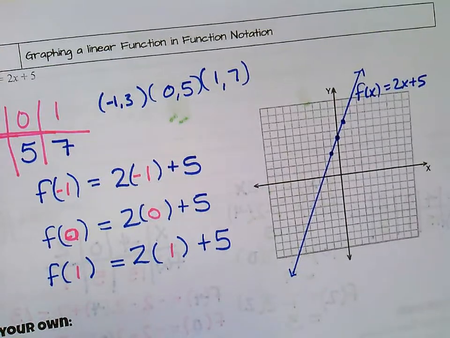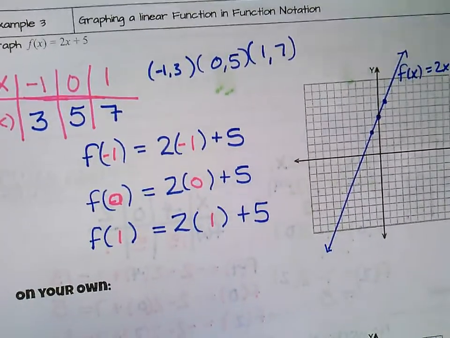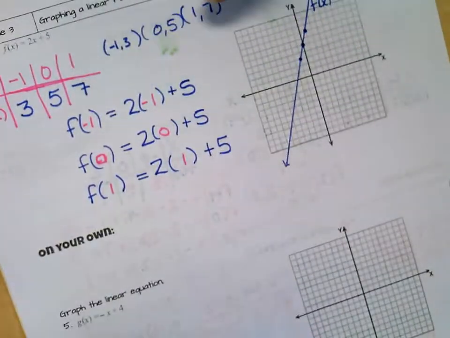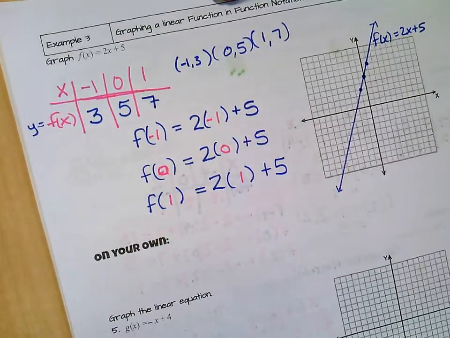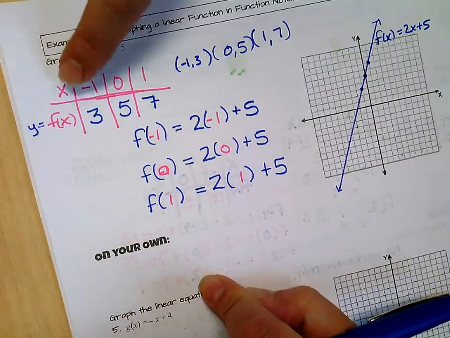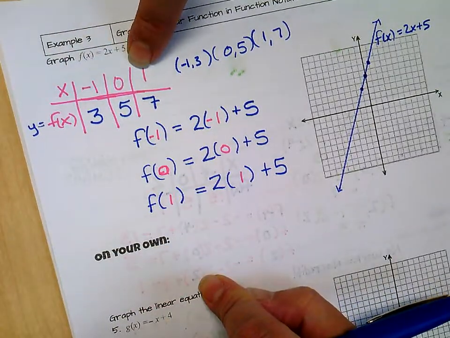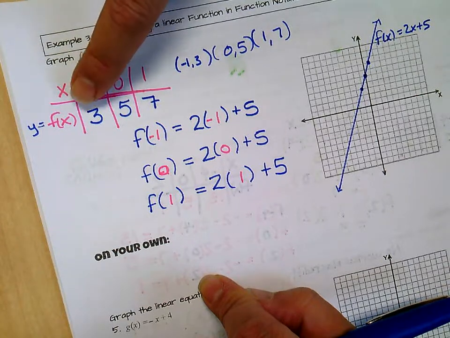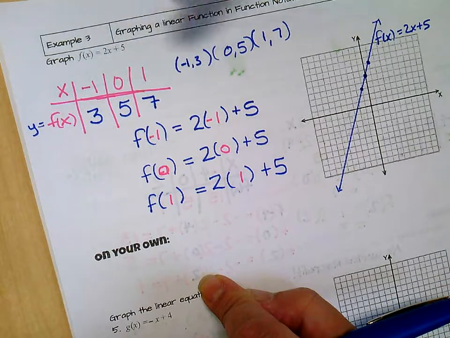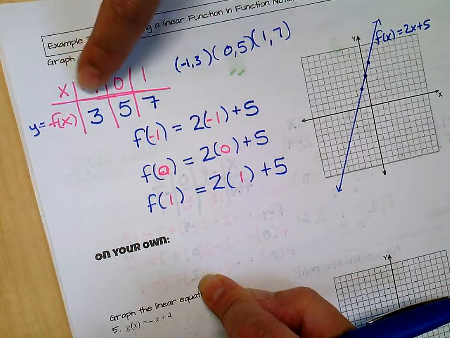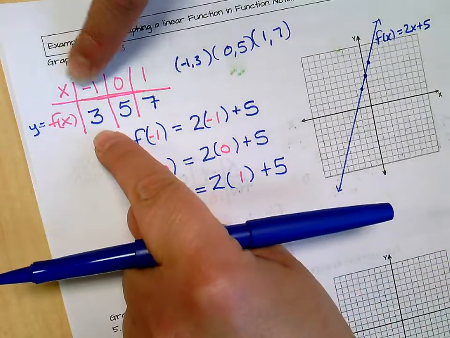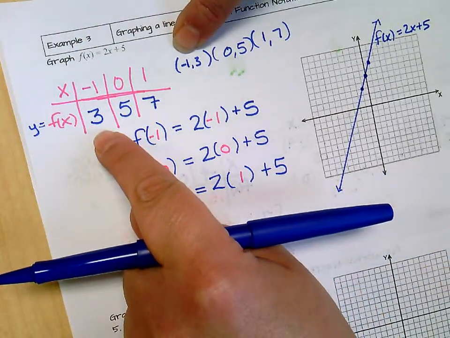Okay, so let's recap on what I did here. Zoom out a little bit. So what did I do? I took the function, plugged in 3 separate x values to come up with 3 separate y values, right? Created an ordered pair for each x value. I got a y value, and that's how I got my ordered pair.